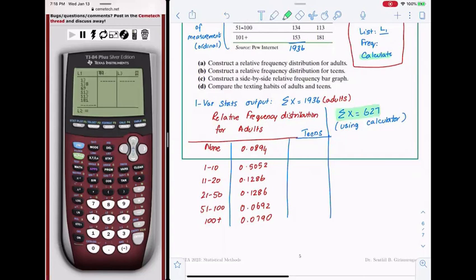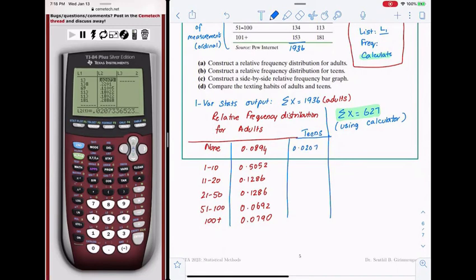Now press second 1 divided by 627. In other words, you're going to take every single number in list 1 and divide it by 627. Hit enter.